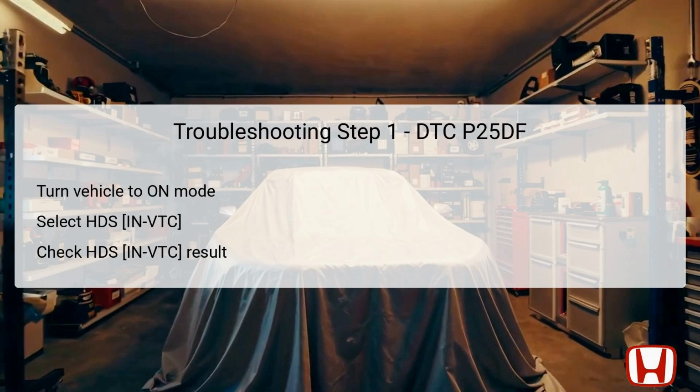The results obtained from HDS will show whether the system is functioning correctly. If the result is not okay, it indicates that the failure is duplicated, leading the technician to further investigate the condition of the VTC system. This diagnostic check serves as a starting point to identify potential faults affecting the variable valve timing system.